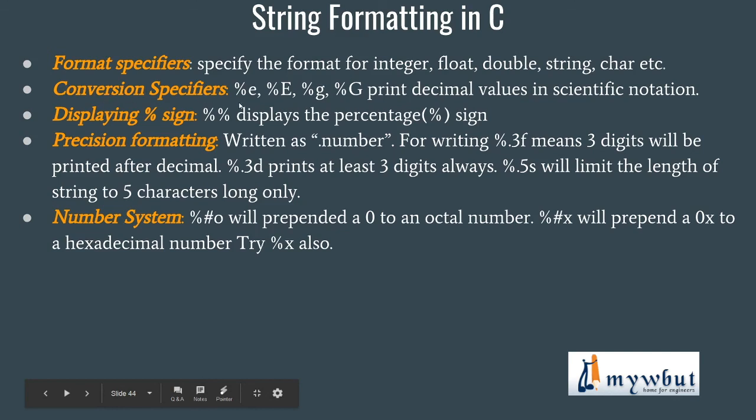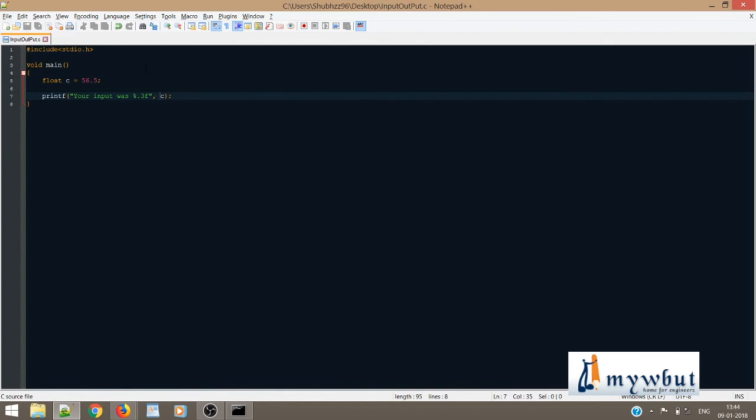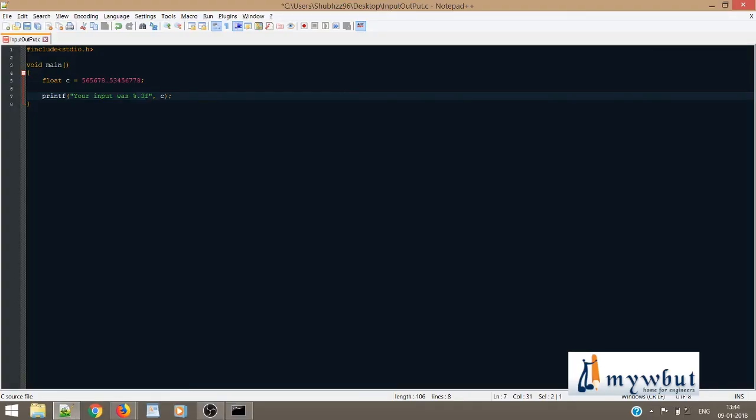Now we have conversion specifiers. In this, what happens is it will convert your decimal value into scientific format. So we have written our number as say 565678.5356778. If you use this %e or %E or %G, then it will convert it into scientific notation. So let's use small e and I print it out.